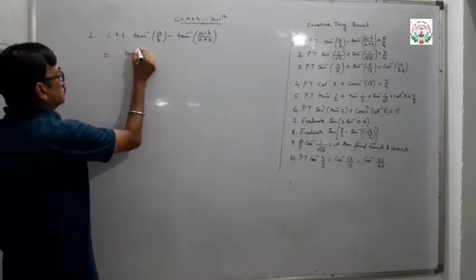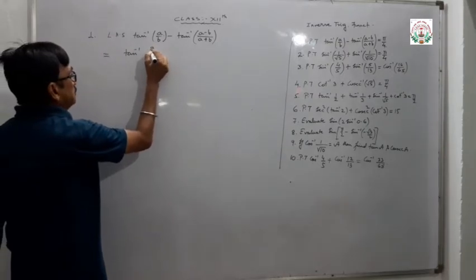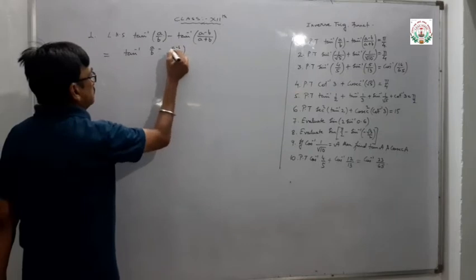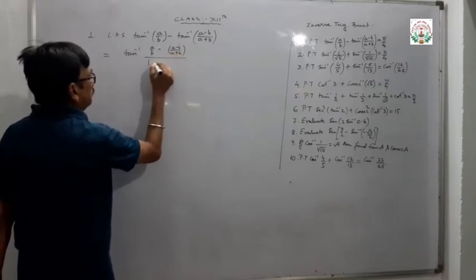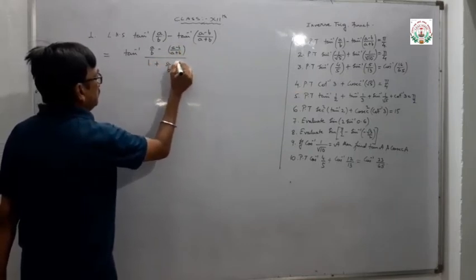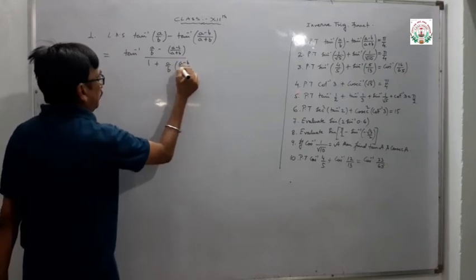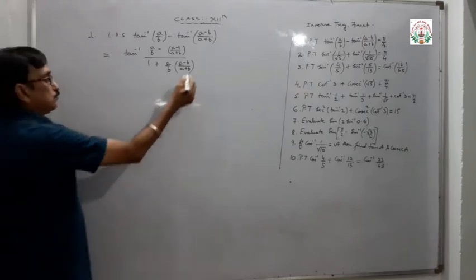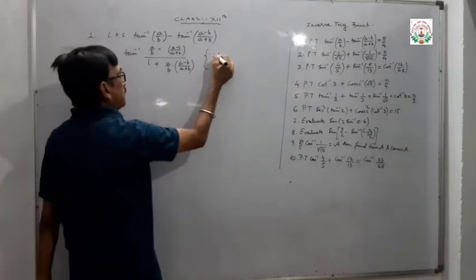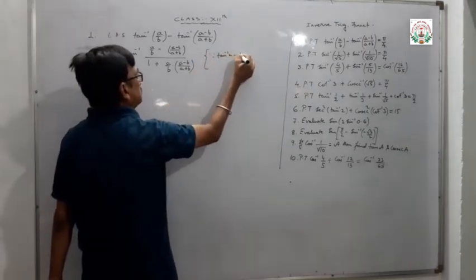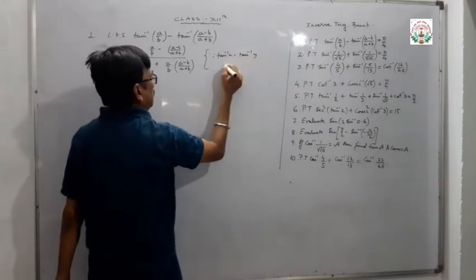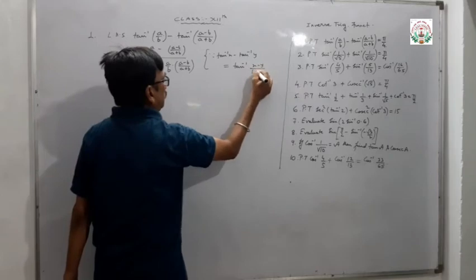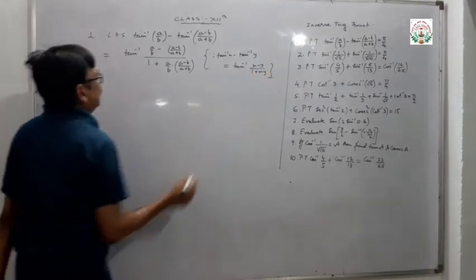So tan inverse of [A by B minus (A minus B) upon (A plus B)] divided by [1 plus A by B into (A minus B) upon (A plus B)]. Now, as we know, the formula for this is tan inverse of x minus tan inverse of y equals tan inverse of (x minus y) upon (1 plus xy).